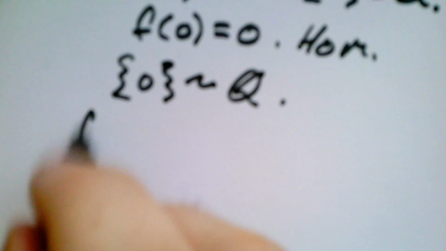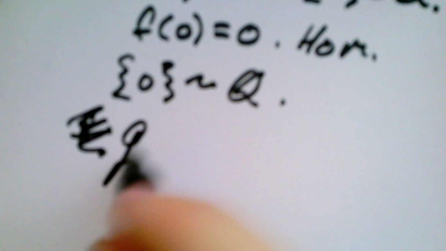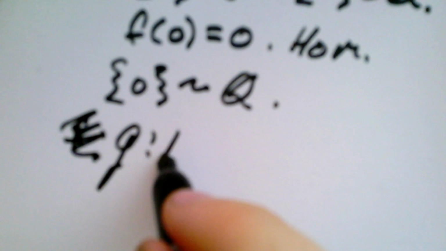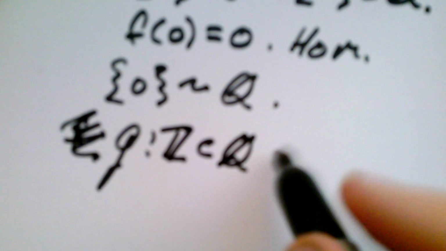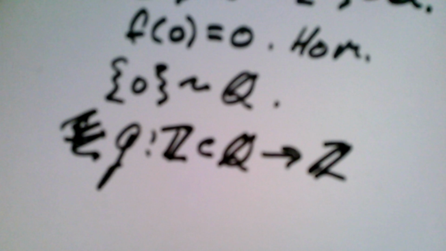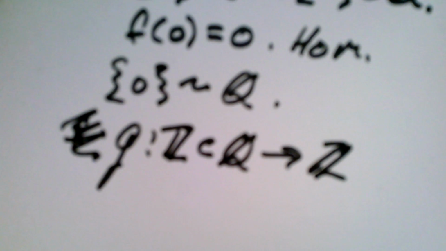Now, I claim that, let's use a new letter, G from the integers living inside Q to the integers is a homeomorphism as well. So Q contains a nice copy of the integers inside of it.